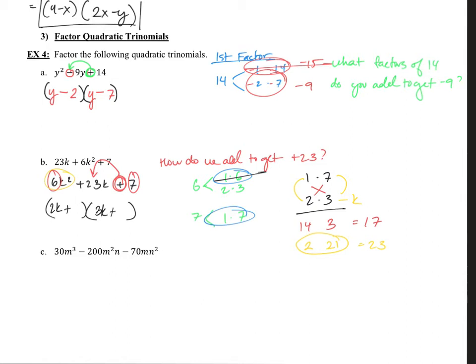And remember, this all comes from the outside and inside product in foiling. So the 2 got multiplied to the 1, so we're going to put the 1 here. And the 7 got multiplied to the 3, so we're going to put the 7 with the 3. Alright, and there we go. We have our factored version. If you wanted to check this, you could go ahead and multiply it out and make sure we got the right answer.